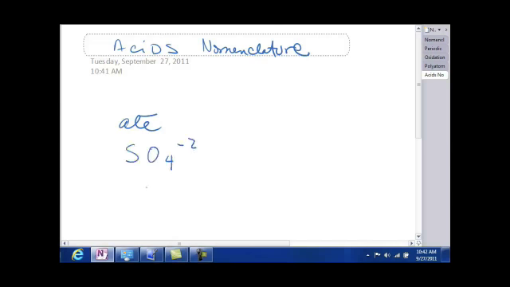Give me another ATE polyatomic ion. Phosphate is what? PO4. That's another one of the 4s, but the minus is what? Give me another one. What is this guy called? Nitrate, and it's a minus 1. ATE polyatomic ions can combine with H pluses.